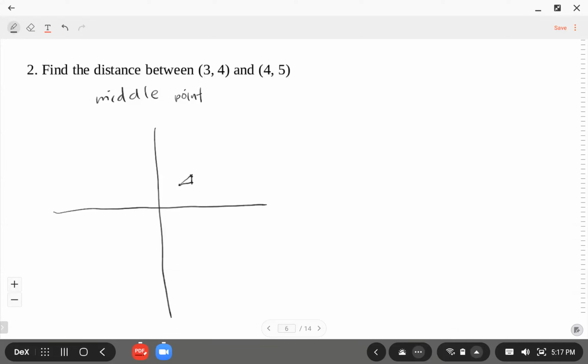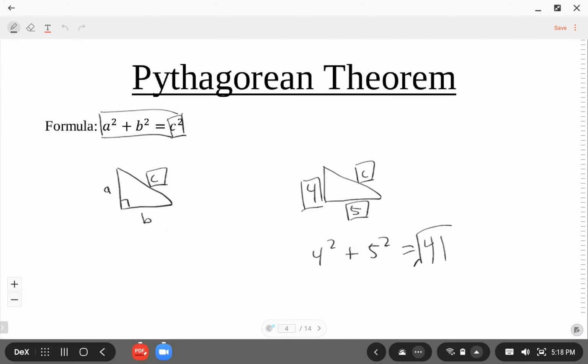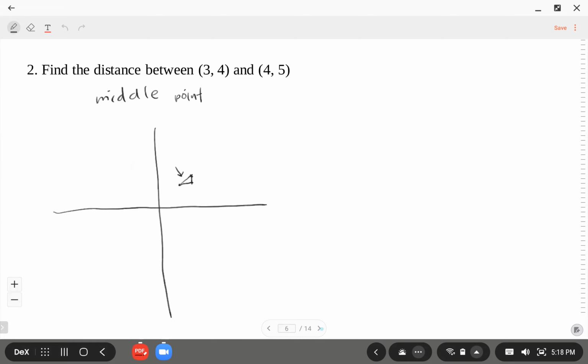And then to find the distance between the 2 points, remember this line that is usually called c right here. Let me go back to here. So this is c, right? The longest line. If we go back here, this will be c, and now we just have to find c to know the distance between these 2 points.